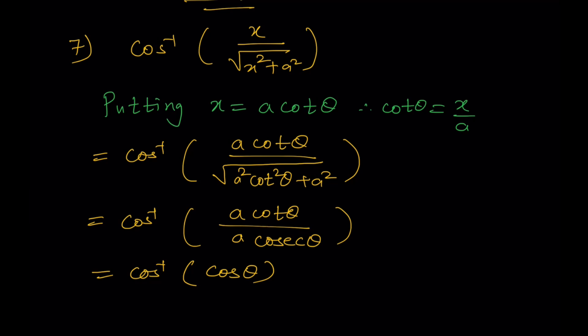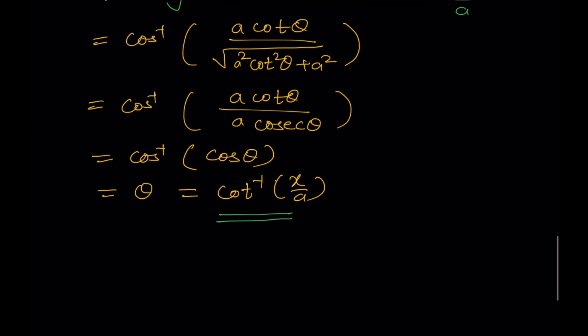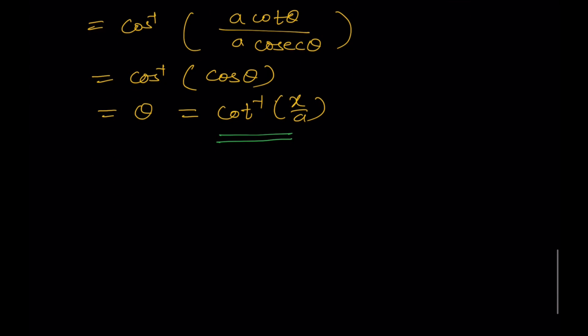So we get cos inverse of, simplify, cot is cos by sin, this is 1 upon sin, so you get cos theta. Cos inverse of cos theta is theta. But what is theta here? This is nothing but cot inverse of x upon a. So our final result or the simplification is cot inverse of x upon a.